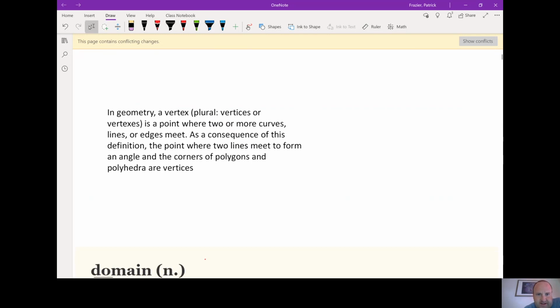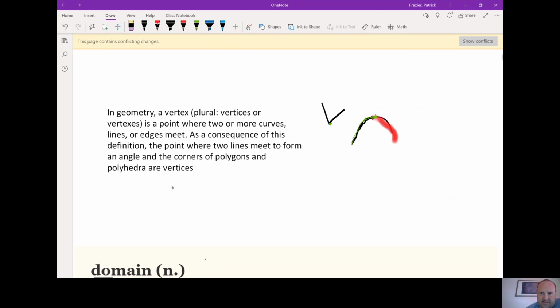a vertex in geometry, vertices, or vertexes, is a point where two or more curves, lines, or edges meet. Like that would be, or that. And see, there'd be this line, this point in red, and in green where the two meet, and the vertex would be right on top, or right here on the bottom.